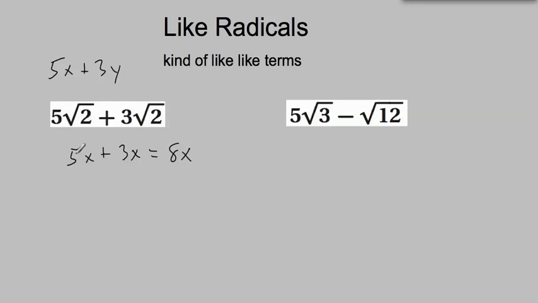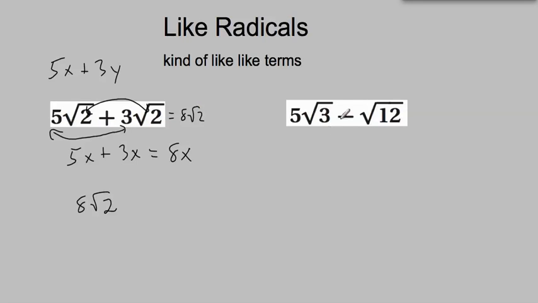So it's really like there are 5 root 2's here being added together, plus 3 root 2's being added together. My end result is going to be 8 root 2. As long as my radicals are the same, I can just add the coefficients. I can just add these two guys together. Just like 5x plus 3x equals 8x, 5 root 2 plus 3 root 2 equals 8 root 2.